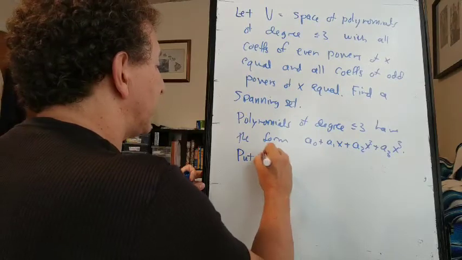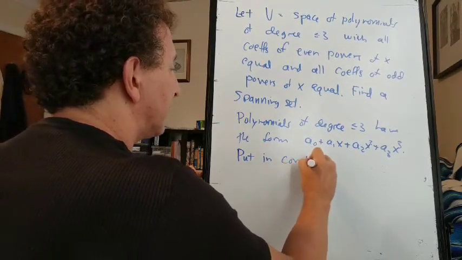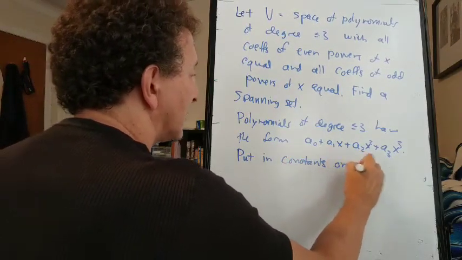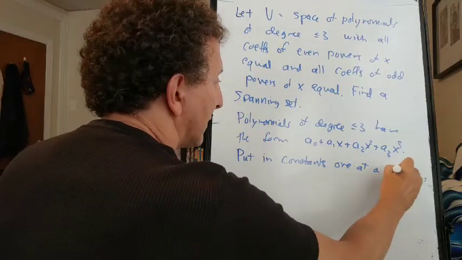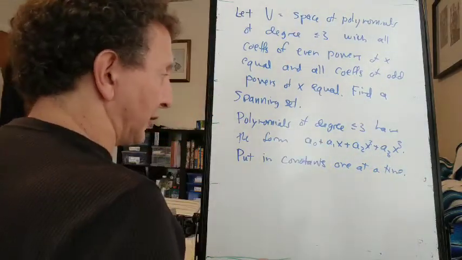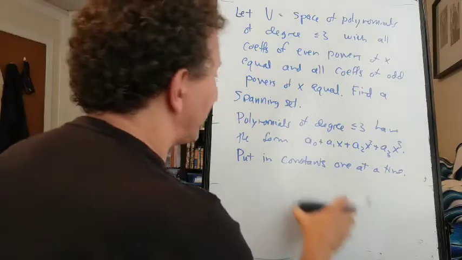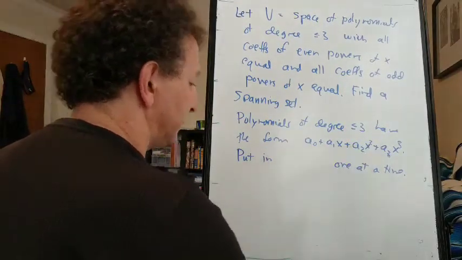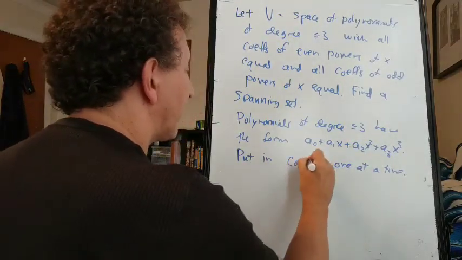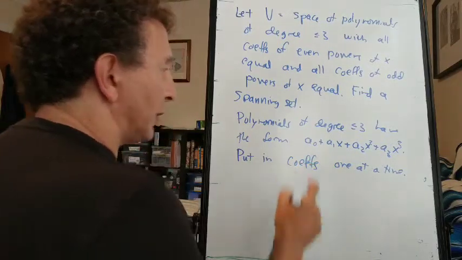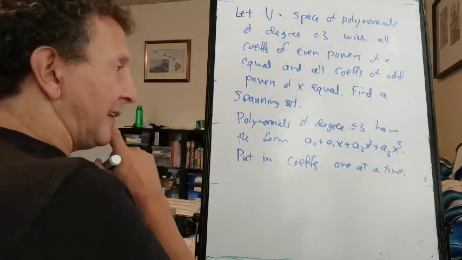So let's put in coefficients one at a time. We'll start with the constant term. Let's say that one's b.